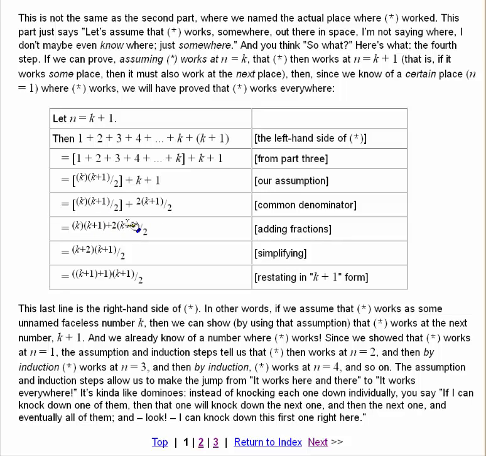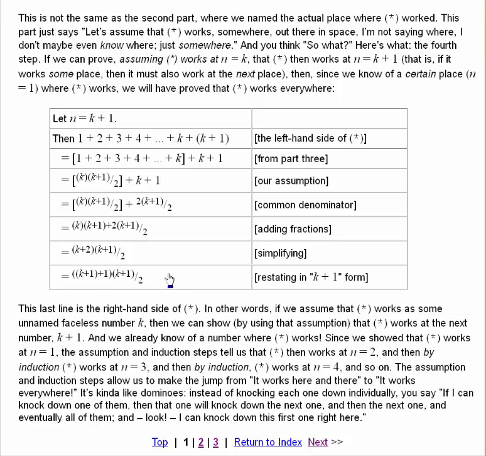Now notice there's a common factor of k plus 1. So I can factor out the k plus 1, and then I have the k plus 1 multiplying the k plus 2. So this is what I get, k plus 2 times k plus 1 over 2. Now notice k plus 2 I can write as k plus 1 plus 1.